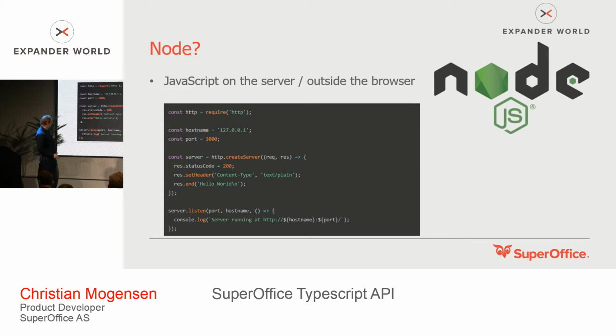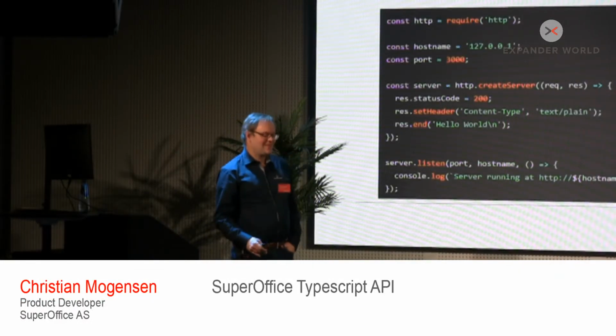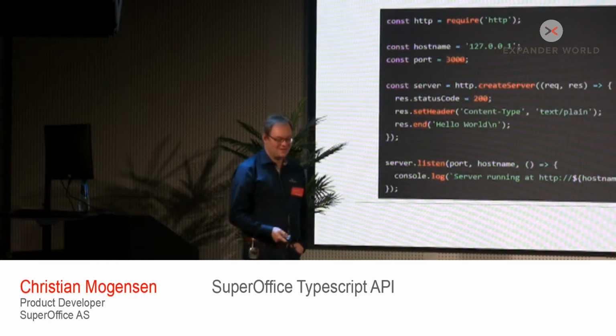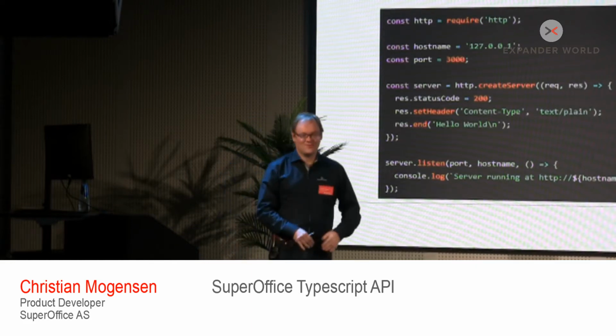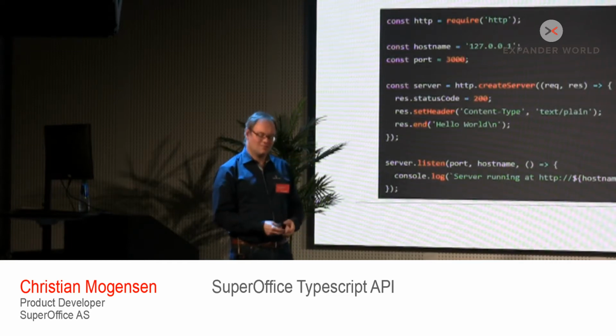You set up a little function that says, when somebody calls me, I will set a header and respond with a little message saying hello world, and then I will start this server on a particular port, and it will sit there and answer if anyone calls me, I will send back my little response. That's a trivial example of a web server. You can add lots more, with different URLs and content types and routing and content negotiation and so on. But a server doesn't have to be a big scary thing in C++. You can do it quite simply.